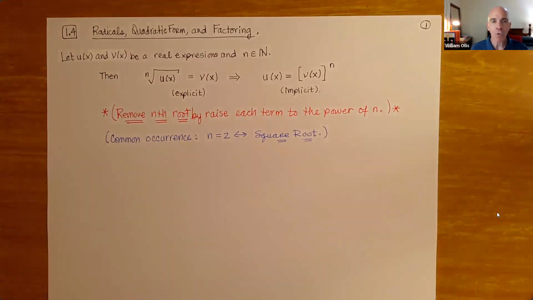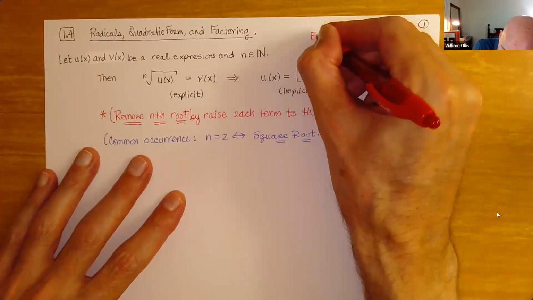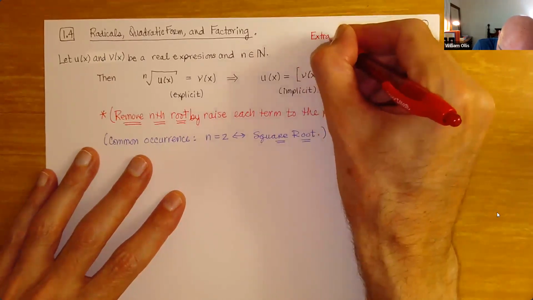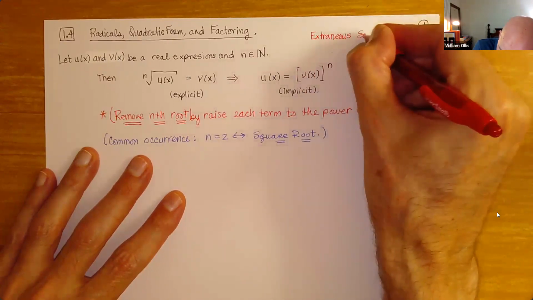So when we actually remove a radical, we certainly can introduce solutions that don't necessarily work in the original equation. And so I'm going to write this up here. We would say extraneous solutions.